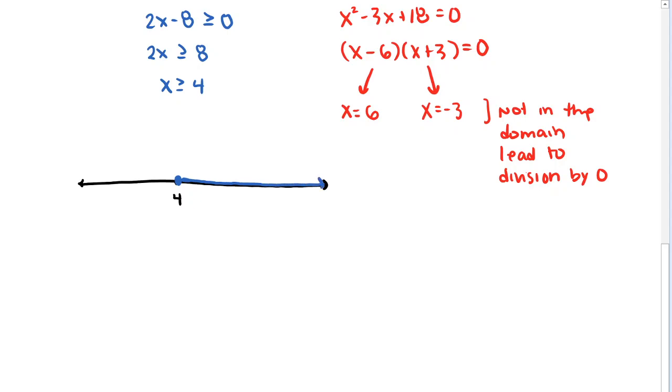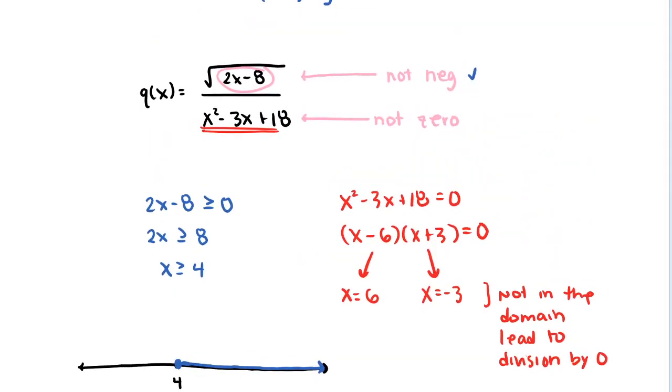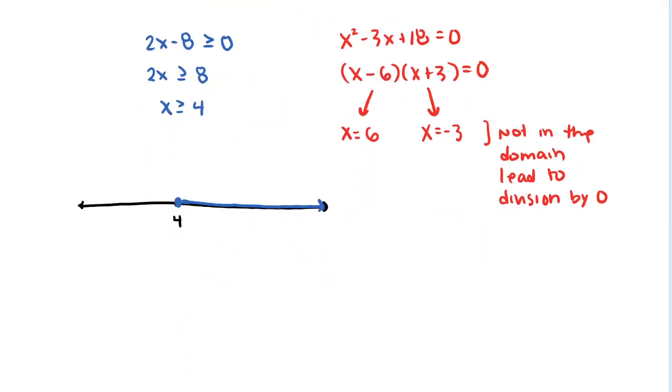Those inputs are okay, just for the square root part. But what we're also saying here is that this positive 6 is not okay. We should pluck this input out of the domain. It's okay for the numerator, but it's not okay for the denominator, so it's not okay for the function as a whole.